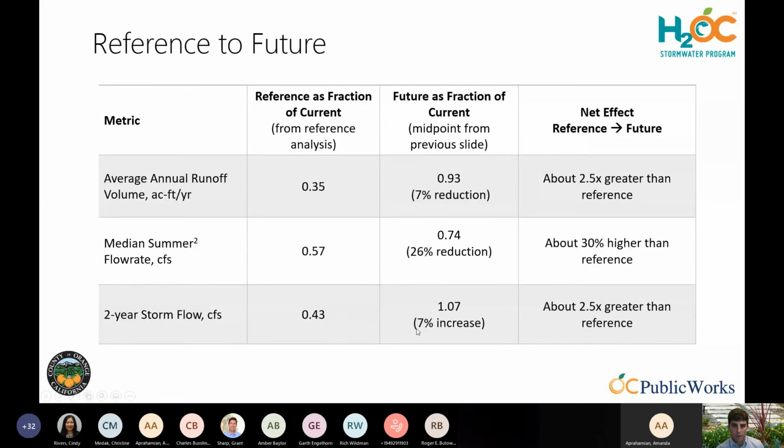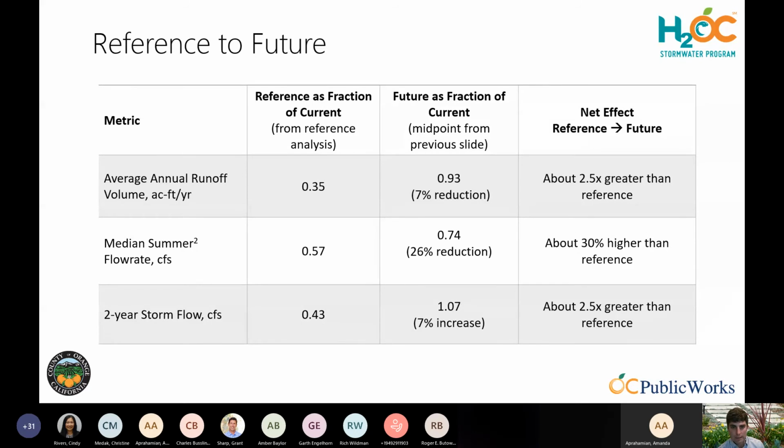Similarly with storm flow, we talk about an increase potentially in the future, but it's already been increased by so much that it doesn't really change. We still have a model, altered hydrology relative to 2-year flows. And median summer flow is an interesting one because what we end up with is a pretty substantial potential reduction in summer stream flows in the future condition, moving back to within about 30% of the reference condition stream flow.